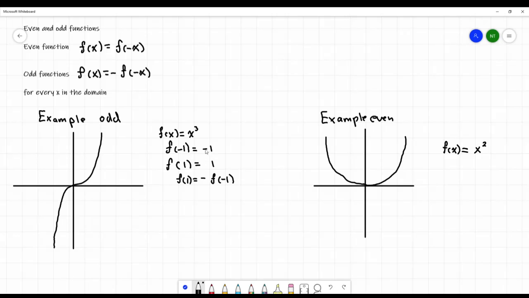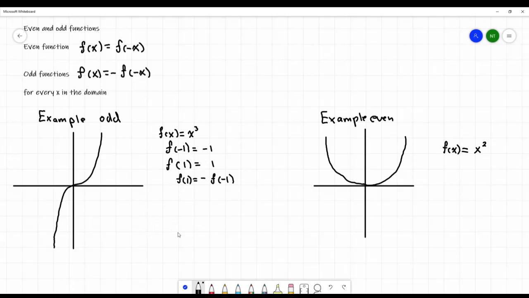Because f of minus 1, as we see, is minus 1, and minus f of minus 1 is 1. So f of 1 is 1 and minus f of minus 1 is 1. For this reason, we can see that it is an odd function. And you could see that if you plug in any value of x for x cubed, it is an odd function.